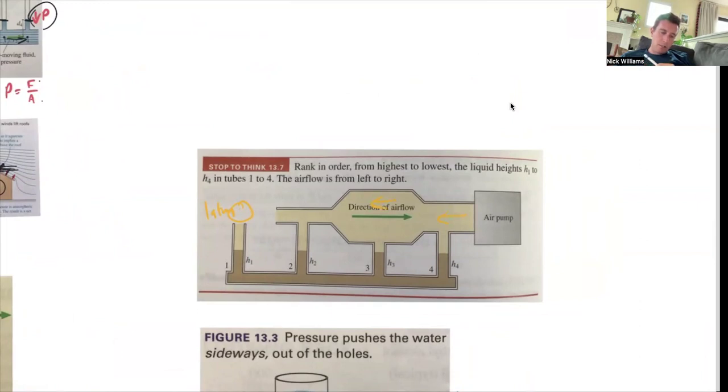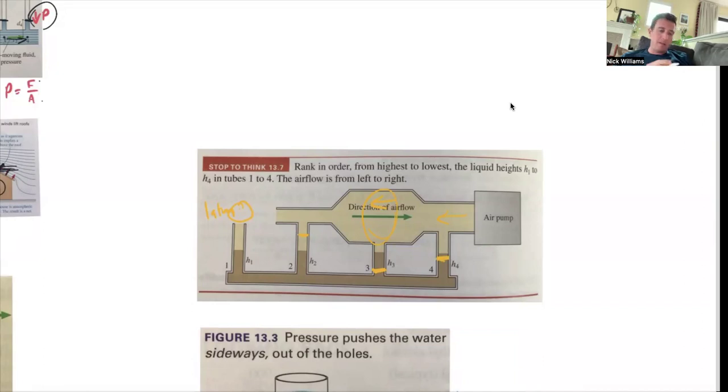This is going to be the widest, so that's going to be the greatest pressure, which means this should be the lowest. This is going to be the fastest, so it should be the highest. H4 should be in between those two.